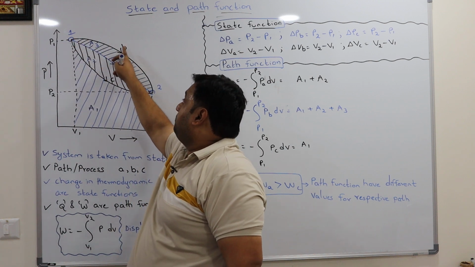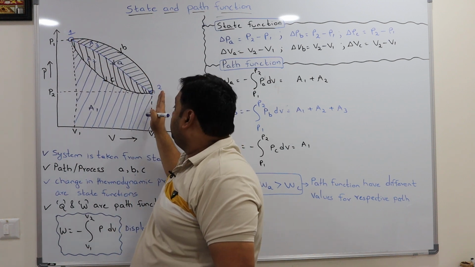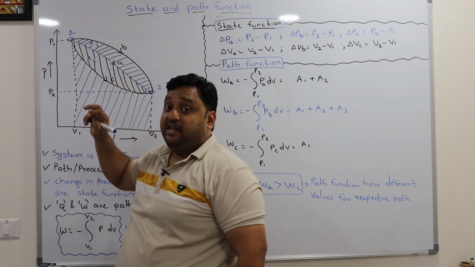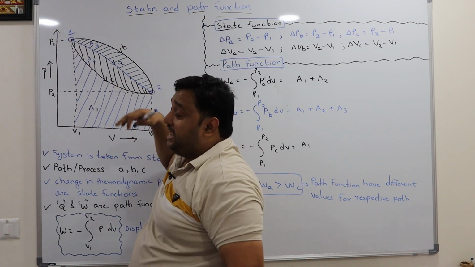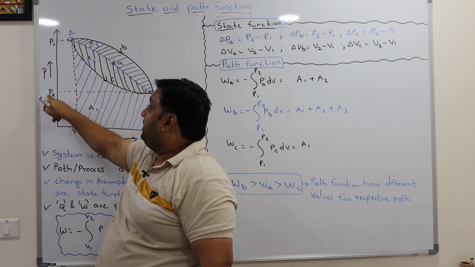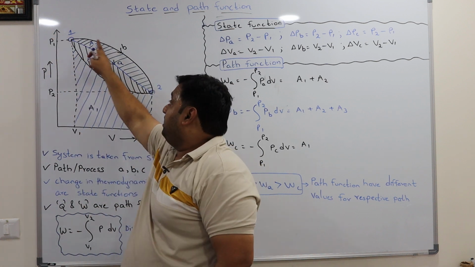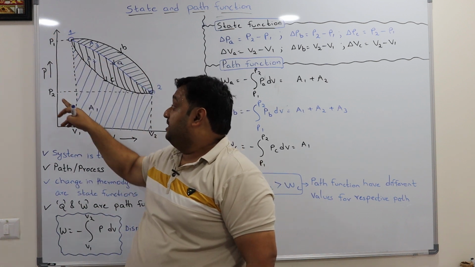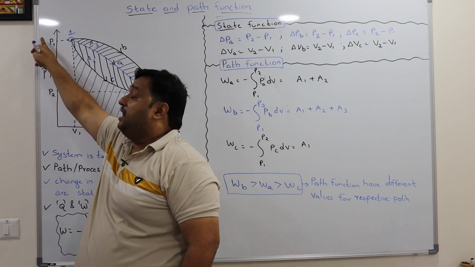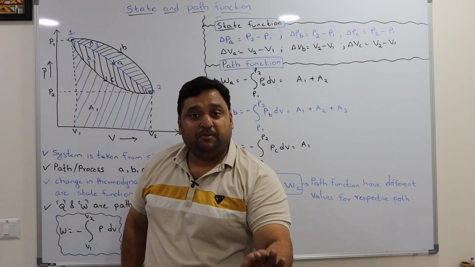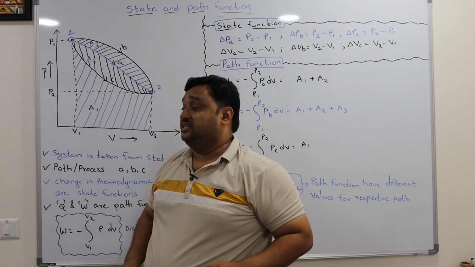If it follows path B, again the pressure difference is P2 minus P1. If it follows path C, again P2 minus P1. Irrespective of the path, the pressure difference is P2 minus P1. This is the typical example of a state function.